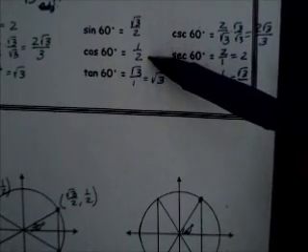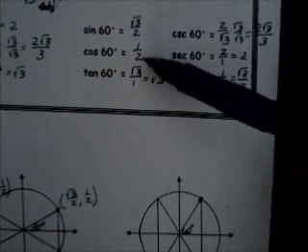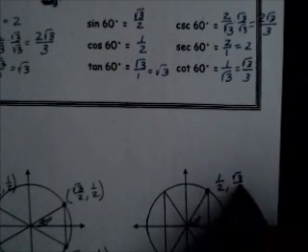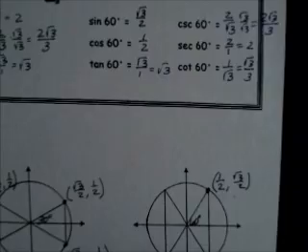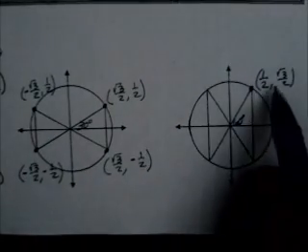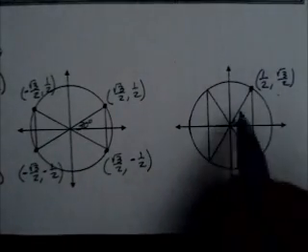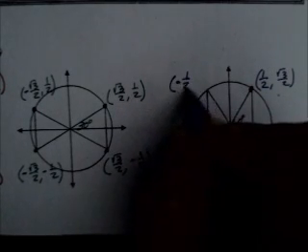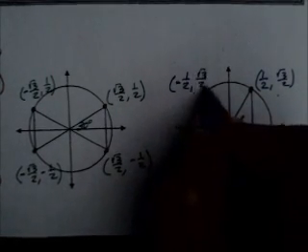Again, it's going to be cosine, sine: 1/2, comma, square root of 3 over 2. In quadrant 2, cosine value is negative, so it's negative 1/2, comma, square root of 3 over 2.